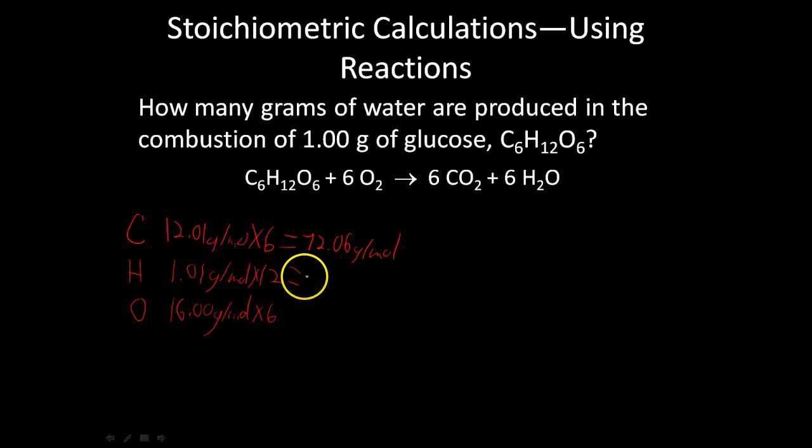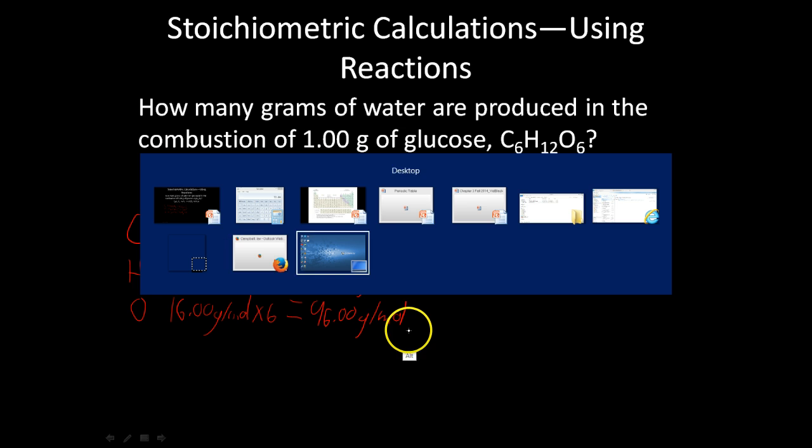This one I don't need a calculator. I believe it'll be 12.12 grams per mole. And then this one, I think I don't need a calculator. That one should be 96.00 grams per mole. Let me grab the calculator again for the addition.